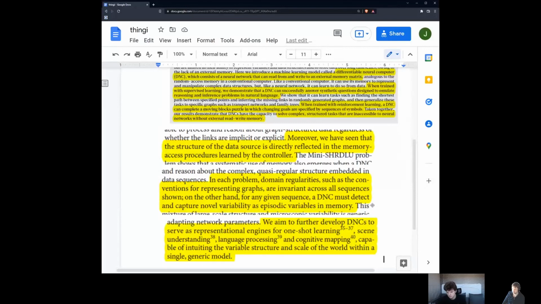So if you're dealing with a specific use case, it doesn't have a way to store that information if you're trying to solve problems for that specific use case. That is why they say that the DNCs are good, because they capture novel variability as episodic variables in memory.